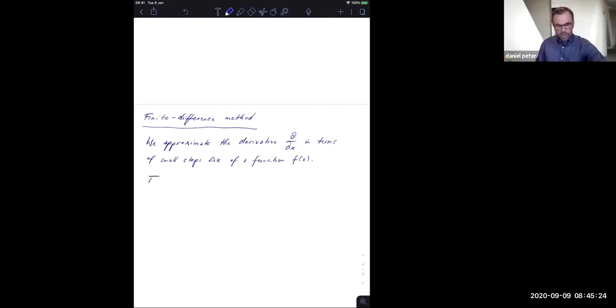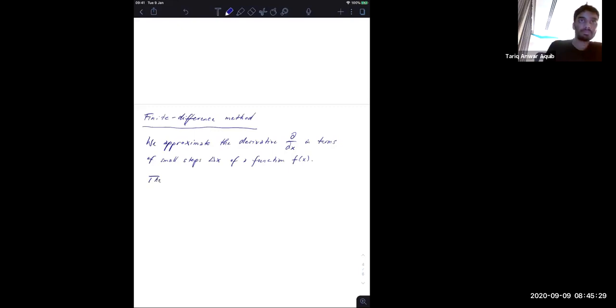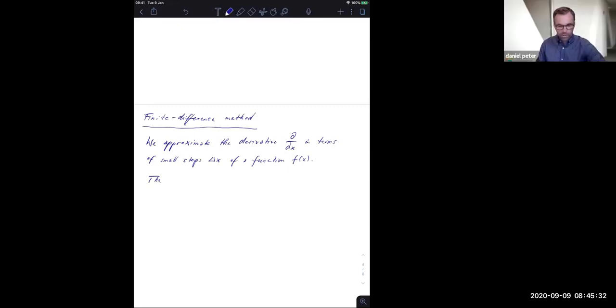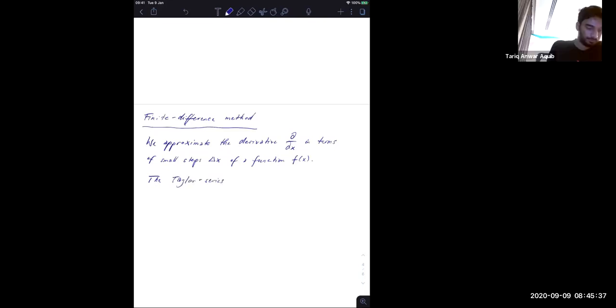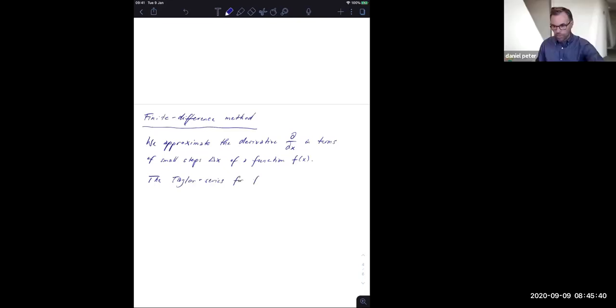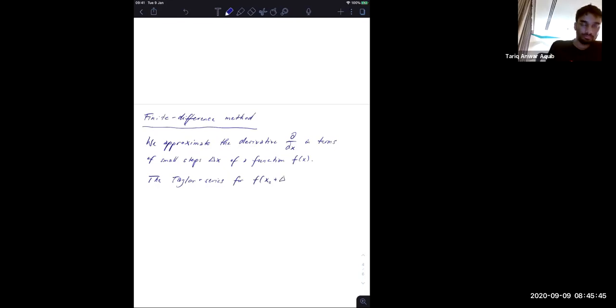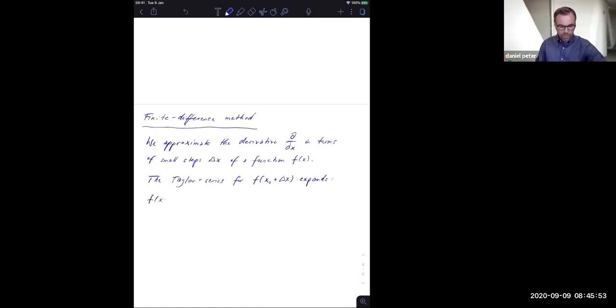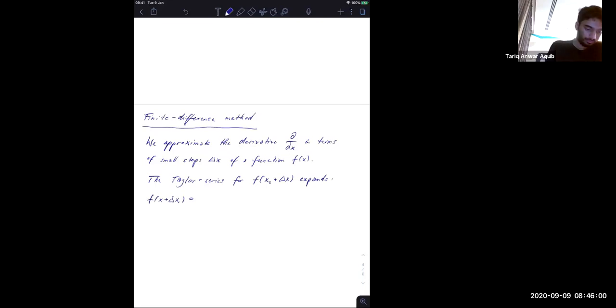And to find schemes for the finite difference method, it becomes useful to look at the Taylor series of that function. So the Taylor series for the function f around the point x0 expands into the following. So we have f of x plus delta x using the Taylor series.